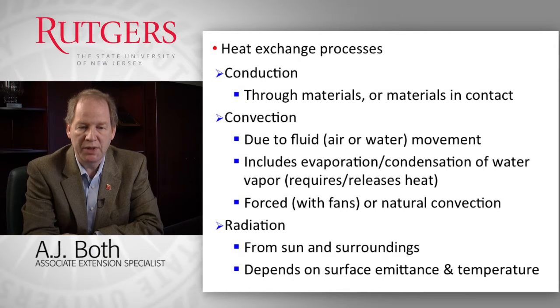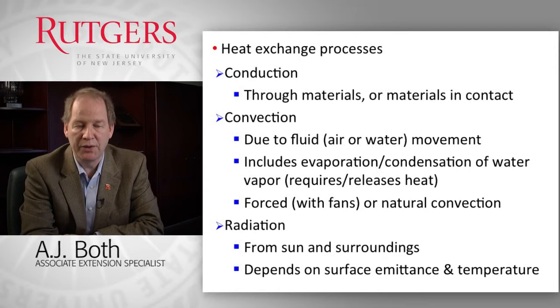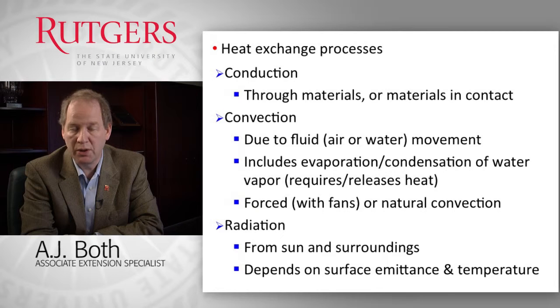Heat exchange processes in greenhouses rely on several physical processes, and they include conduction, which is heat transfer through materials that are in contact with each other, and convection, due to the movement of fluids, including air and water, which includes evaporation and condensation of water vapor.